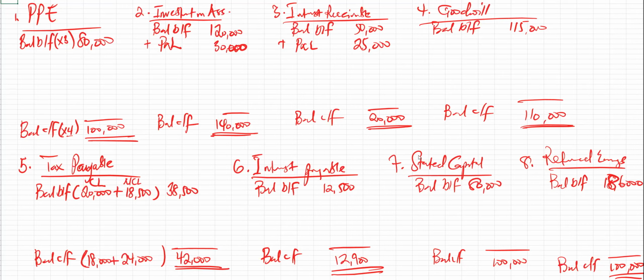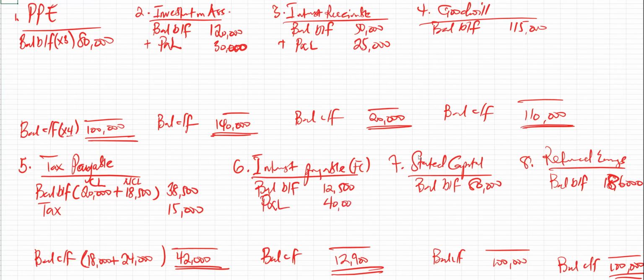Was there anything concerning goodwill in the P&L account? No. Anything concerning tax in the P&L account? Yes, 15,000. Thank you. Was there anything concerning finance costs in the P&L account? Yes. So P&L, how much? 30,000.